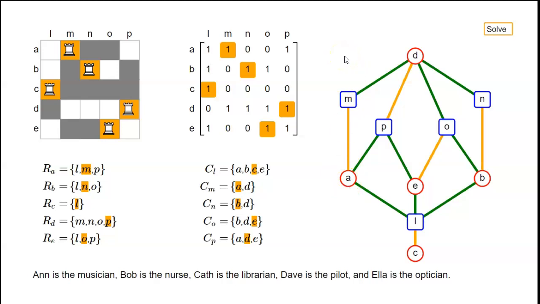And the fact that every job gets assigned to precisely one person means that every one of these blue squares has precisely one orange edge attached to it.